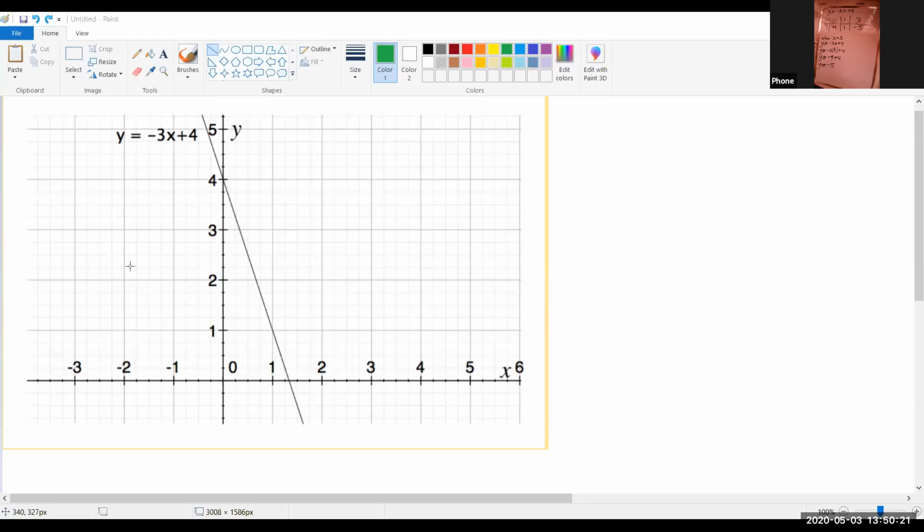Very good. Now, in order to shade, we need to label our regions. Remember, I told you to try to label this one A. This one is called A and this one is called B. All right. So since it does not pass through the 0, 0 axis, let's switch to our camera now, and I'll show you how to do working for this.